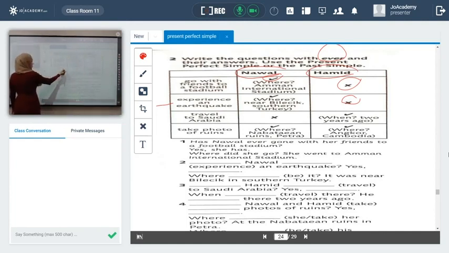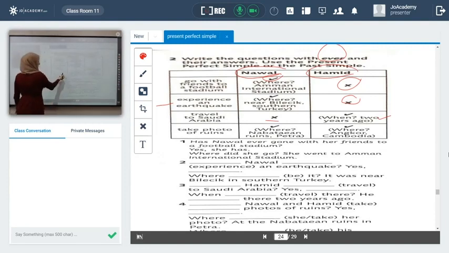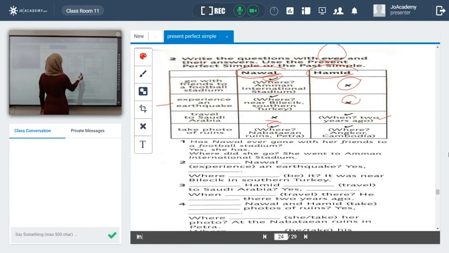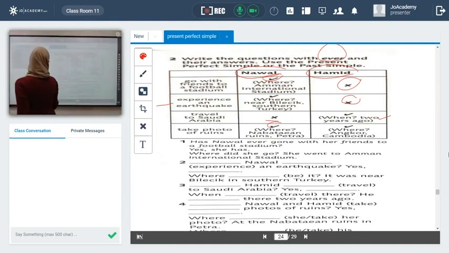Travel to Saudi Arabia. No, but here when, 2 years ago. Take photos of ruins. We have a tick, so that means yes. Nabatean ruins, Petra. Here also we have yes. Where? In Angkor, Cambodia.